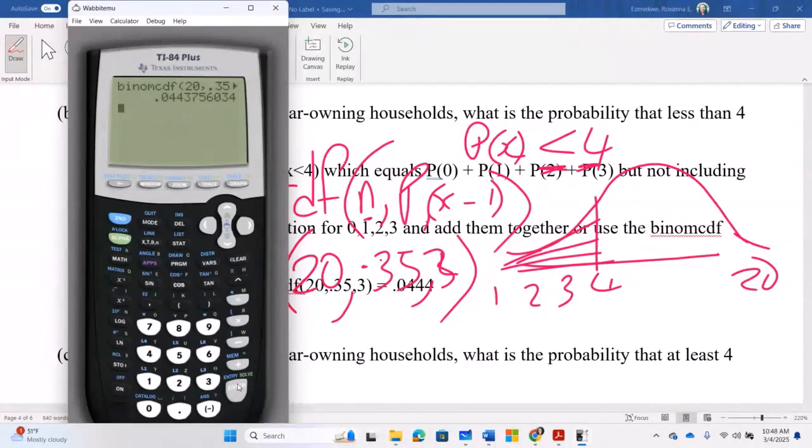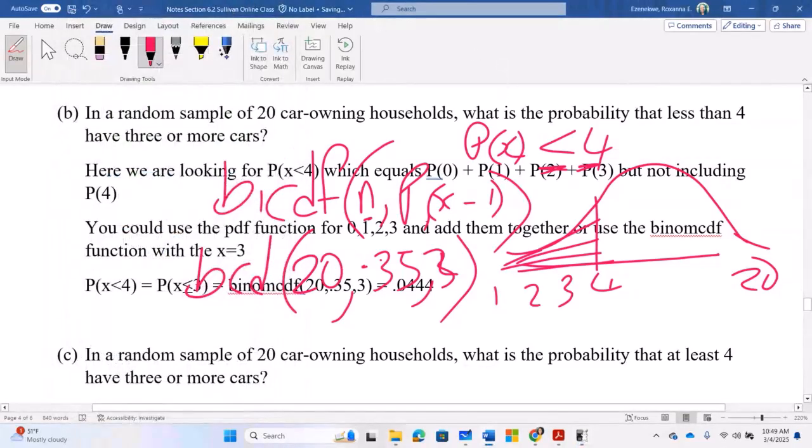So the probability of less than 4 is 4.44%, or 0.0444. You can leave your answer in decimal or percent. This is the cumulative probability, or less, so you accumulate into the left. When you accumulate into the left, you just use binomial CDF.